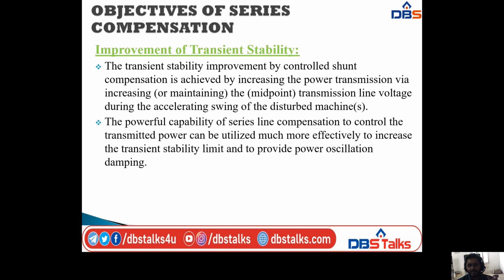The powerful capability of series line compensation to control the transmitted power can be utilized much more effectively to increase the transient stability limit and to provide power oscillation damping.